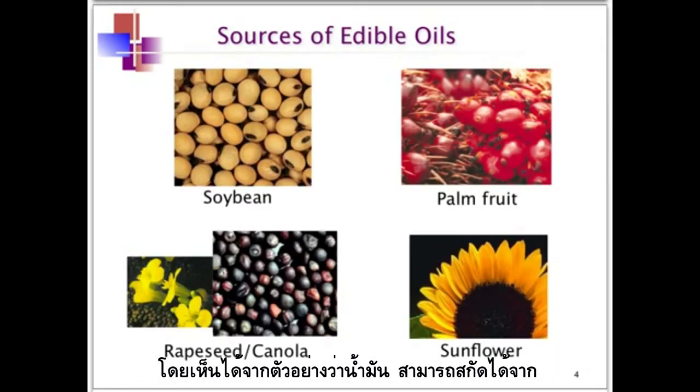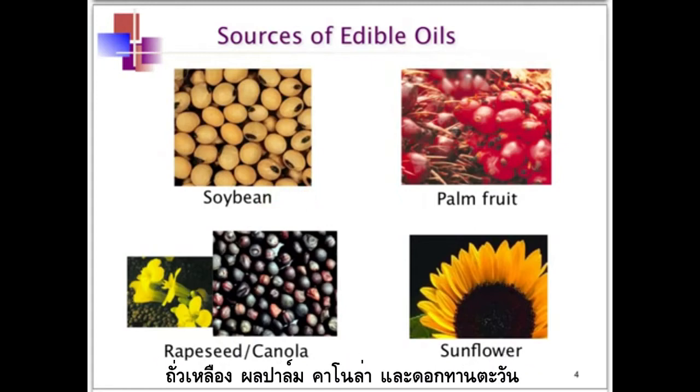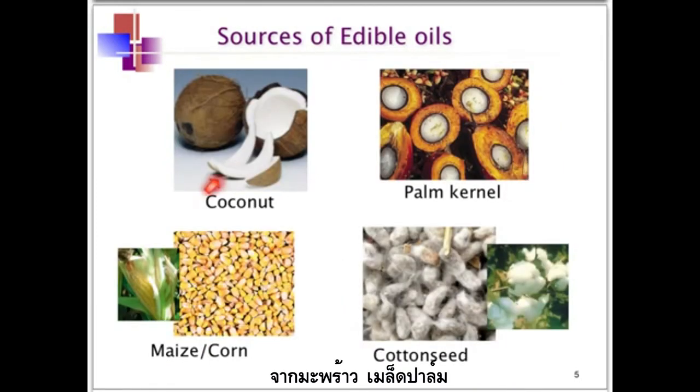For example, on this slide you can see that oil can be extracted from the soybean, from the oil palm fruits, from canola, from sunflower, from the coconut flesh, and from the palm kernel. For the oil palm, this is the oil palm fruit.